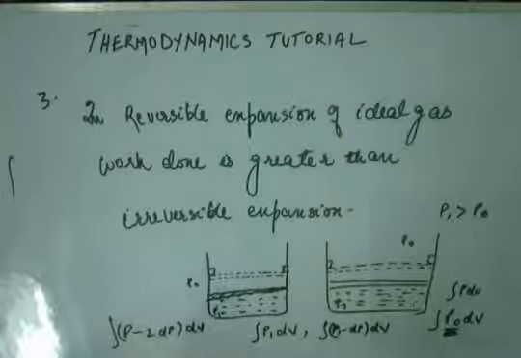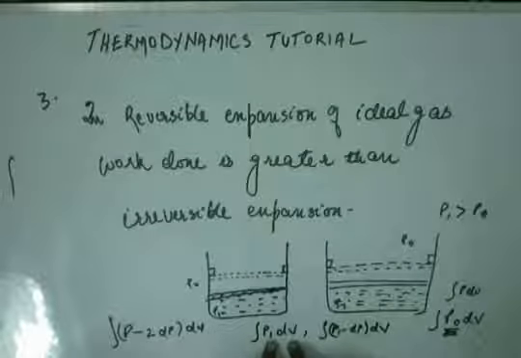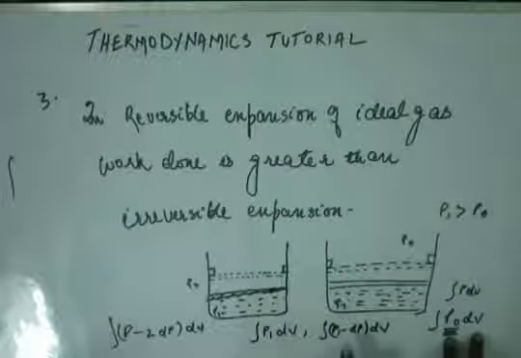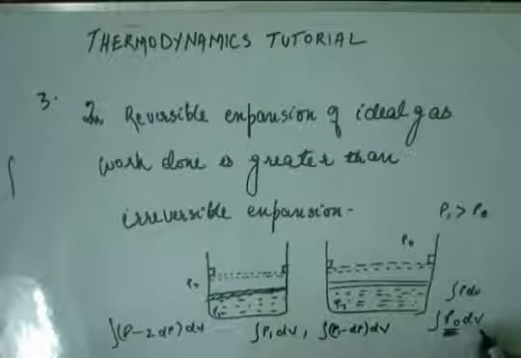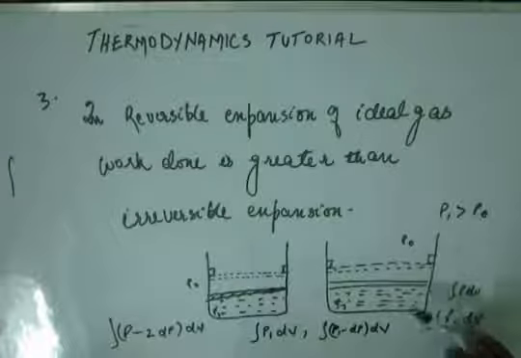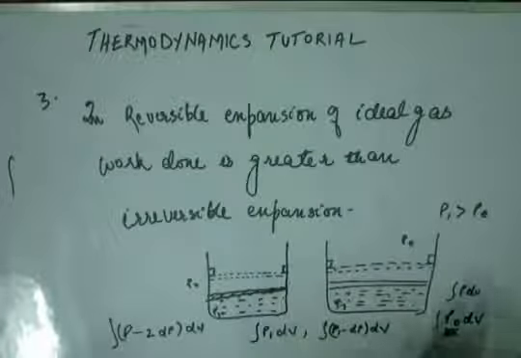So as you can see, the initial small work done was P1 dV. Here it will be P0 dV. The next small work done will be P1 minus dP into dV, and here again we have P0 into dV, because in the case of the external irreversible process, throughout the process you have a pressure P0. So here the pressure is not decreasing, rather it remains constant throughout the process.